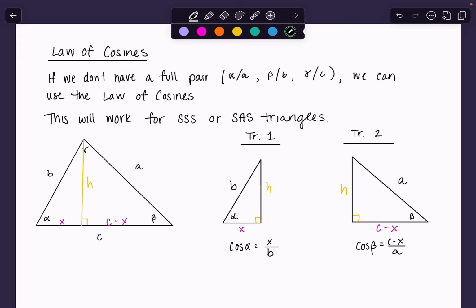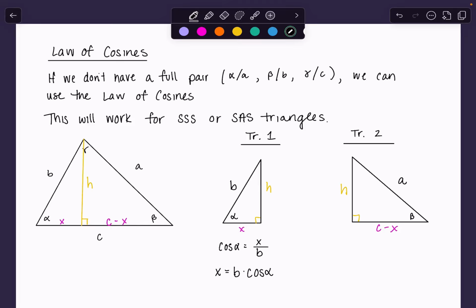So I have both of these pieces. This, however, not so nice. So I'm not going to worry about this one because C minus X looks like it's going to be disgusting. So this is going to be a nice way for me to be able to solve for X. So looking at these two, this one is way better. So X is equal to B cosine of alpha, okay?